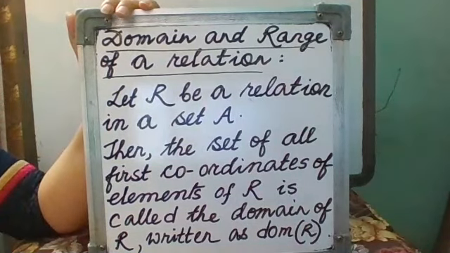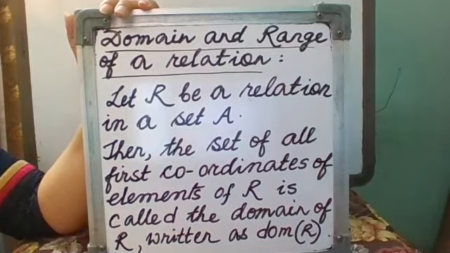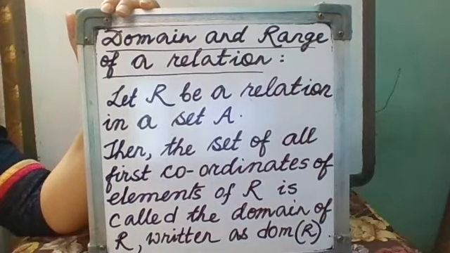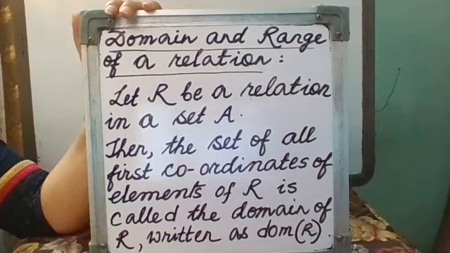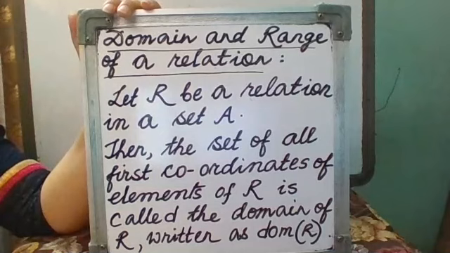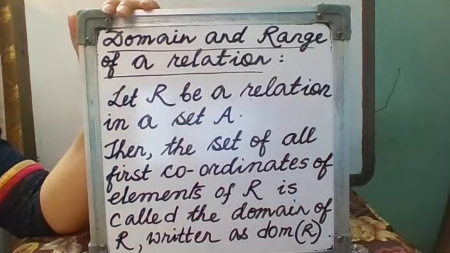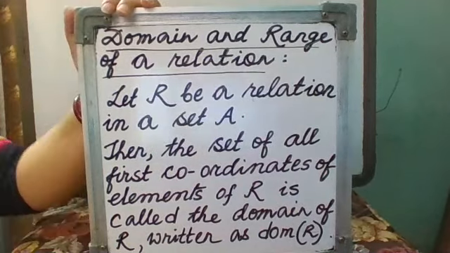Then the set of all first coordinates of elements of R is called the domain of R, written as dom within bracket R.